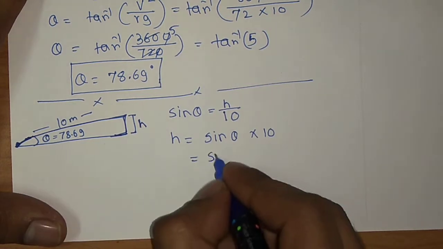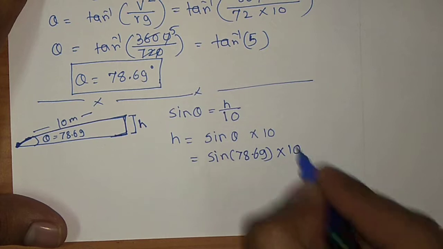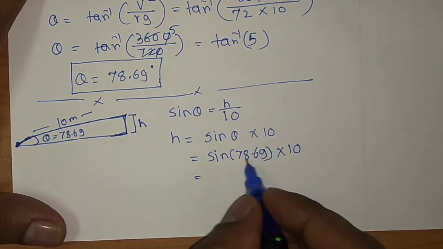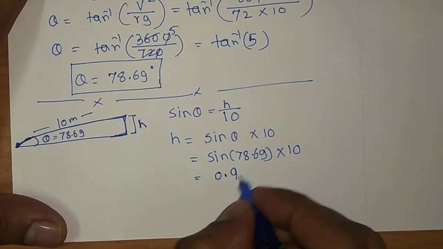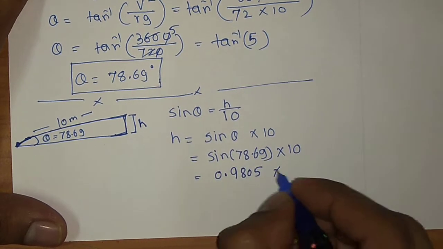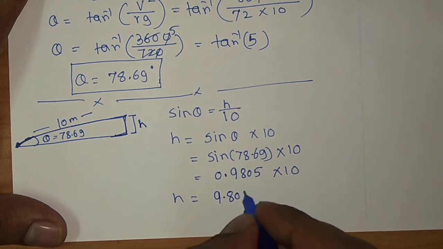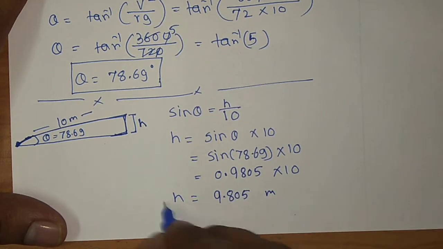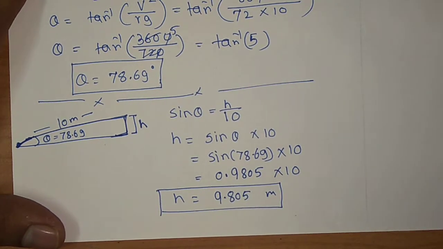Theta is 78.69, so sine of 78.69 will become 0.9805, into 10. So h equals 9.805 meter. So this is the height by which the road is inclined.